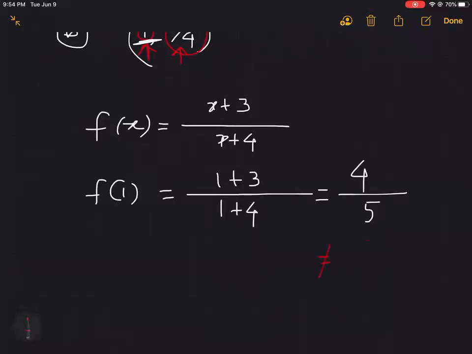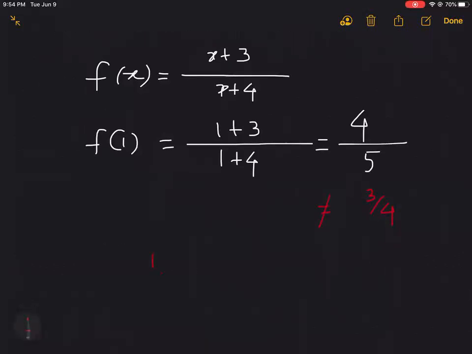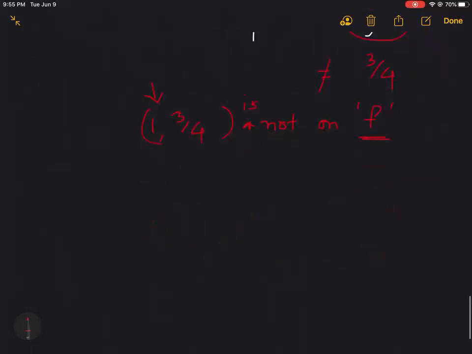So we'll say this is not 3/4. So 1, 3/4 is not on the graph of f, of this function, right? Because if I plug in 1, I get 4/5 instead. Okay. Now, next question.